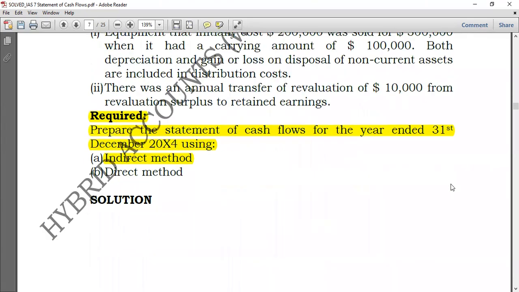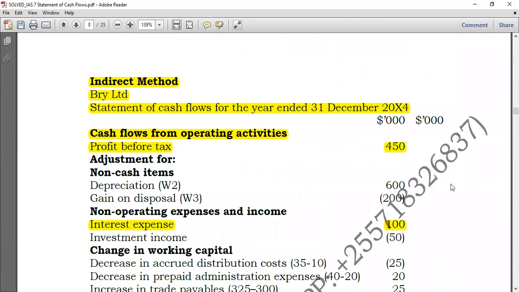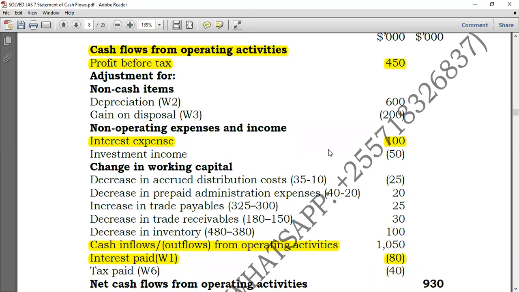So you just come to the statement of cash flows and say here, as you see, decrease in accrued distribution cost from 35 to 10, with the difference being 25. Now see, that 25 has been placed as negative. Why did I place it as negative? If a liability decreased and there was no other reason than cash, it's obviously because I gave out cash.